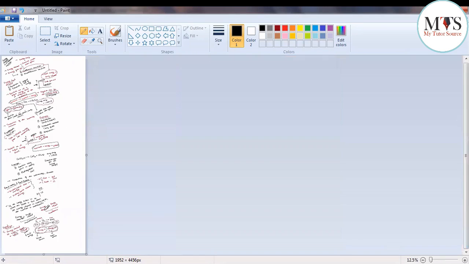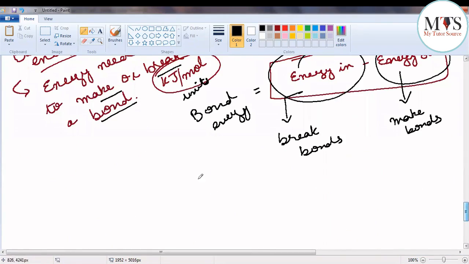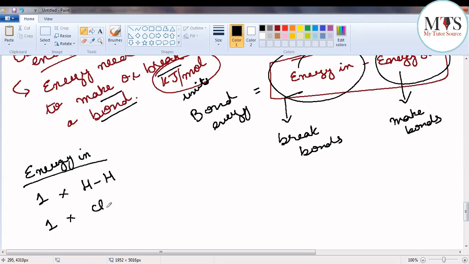Let me get some more space, 1 second. So we are gonna calculate the energy taken in first of all. So this energy taken in involves your one hydrogen molecule, right? And one chlorine molecule, right?